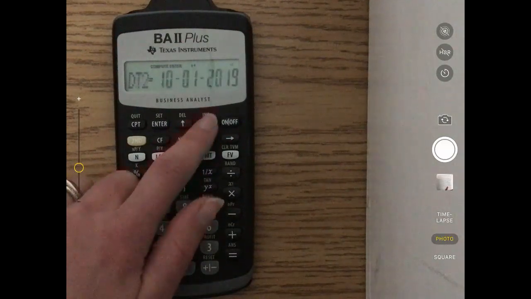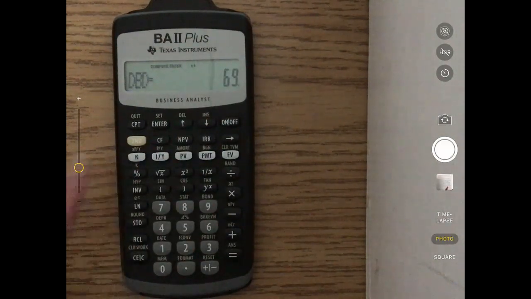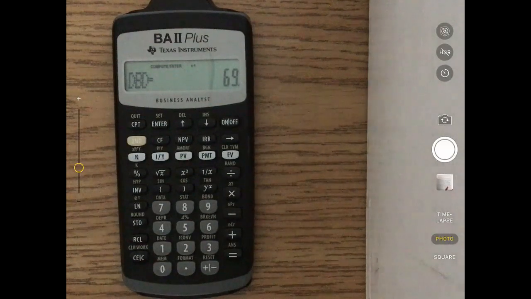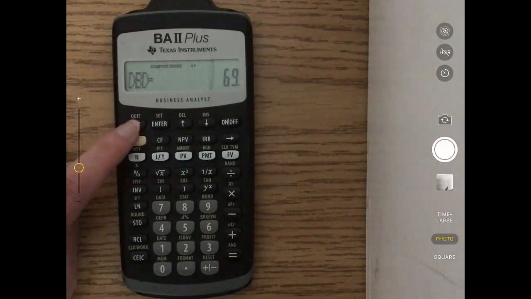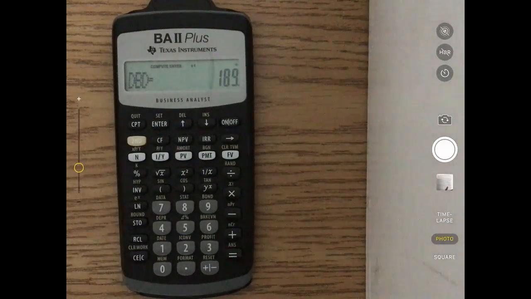We scroll down one more. Days between dates will just have the most recent value that it calculated until you get it to compute. So then you hit CPT, compute. So there's 189 days between those 2 dates. So that's what we can use for T.